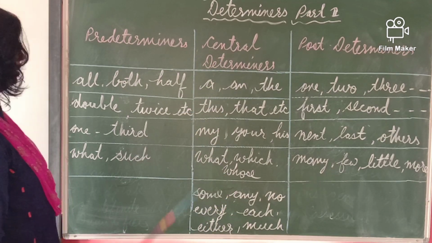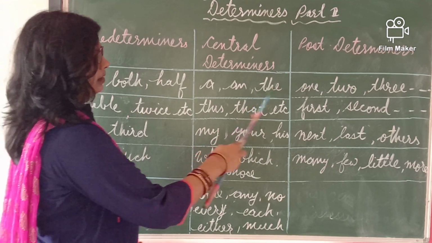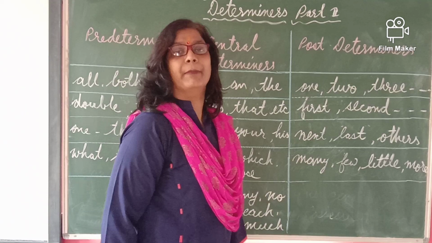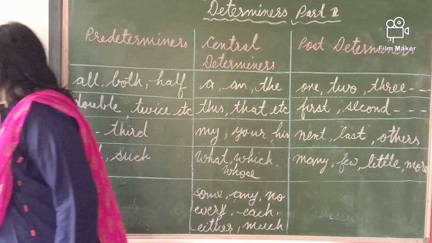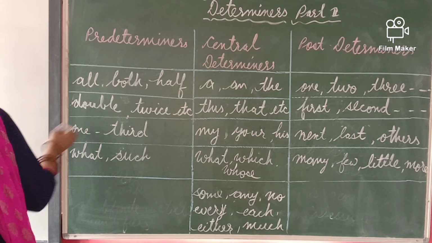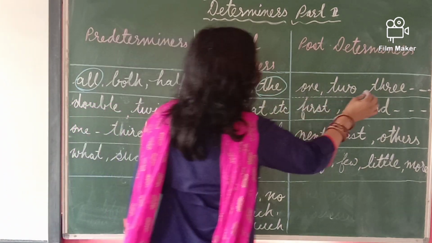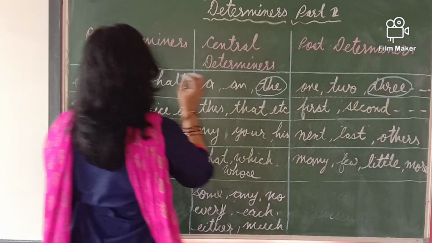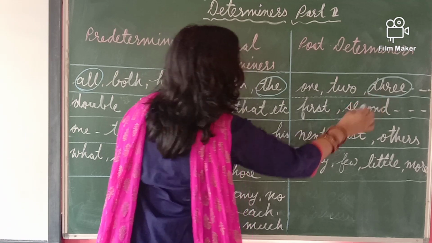Let's see the example. All the three members will be in the meeting. See here, all the three. All will be in predeterminers. The is the central determiner. Three is the post determiner.